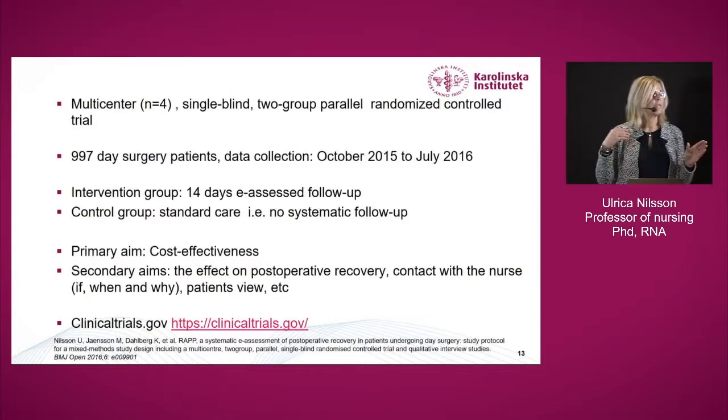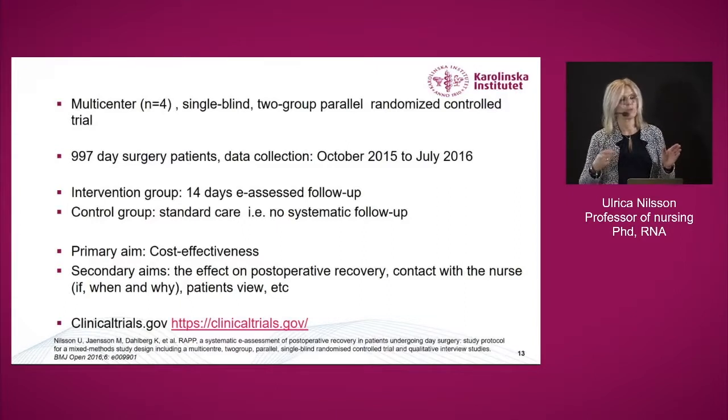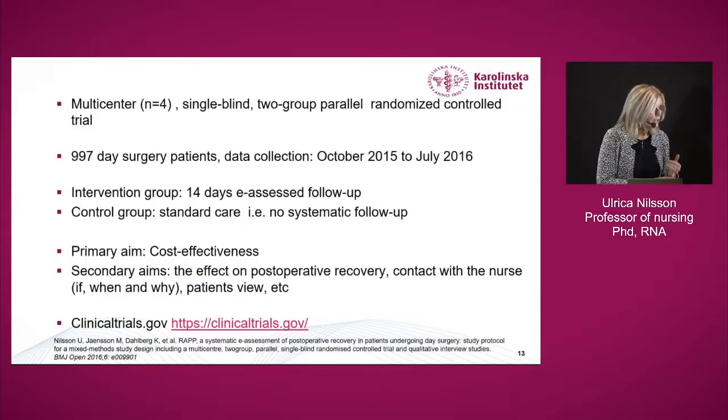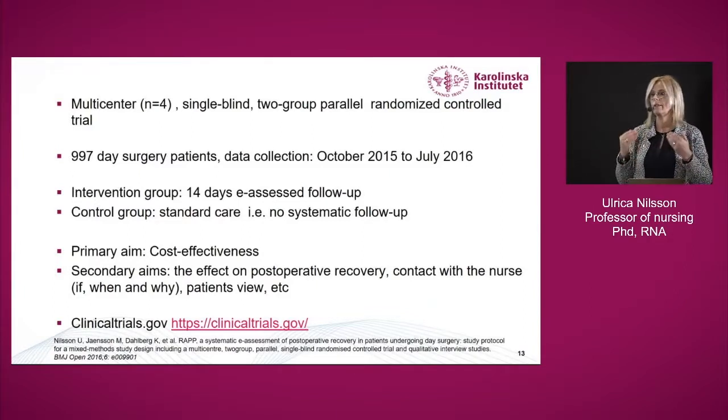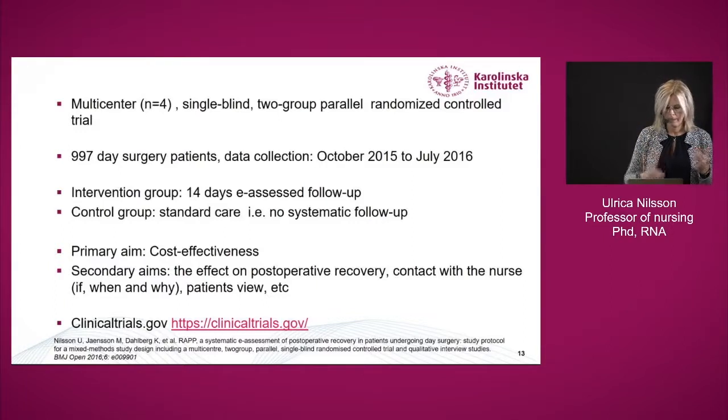It was the effect of it. It was also the contact with the nurse: if they contacted the nurse, when they contacted the nurse, and why they wanted to be contacted by a nurse, and also the patient view. What did they think? What did they experience when they used it?